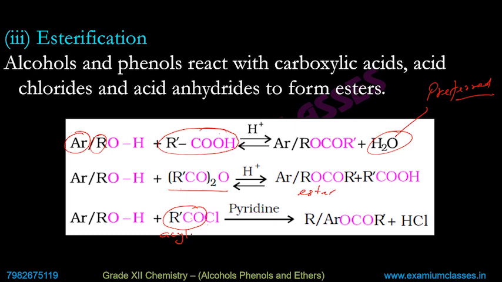All three reactions are very important. Conversion of alcohol to ester can be done by carboxylic acid, acid anhydride, or acyl chloride. Acyl chloride is also called acid chloride. In all cases, whether it is aromatic or aliphatic, you will get esters.